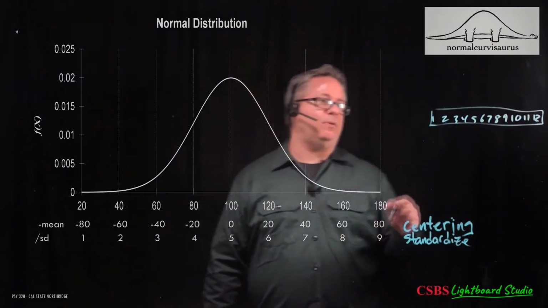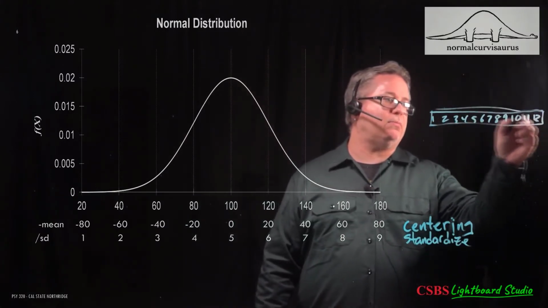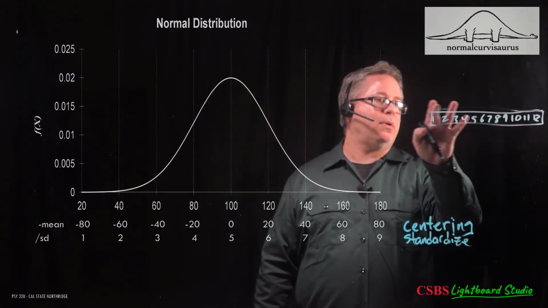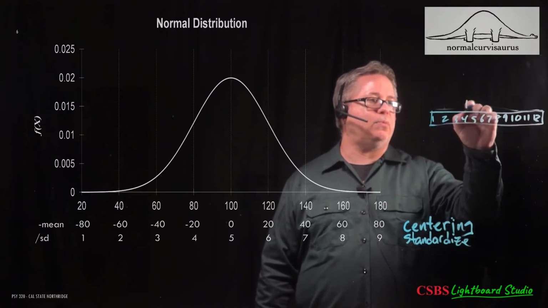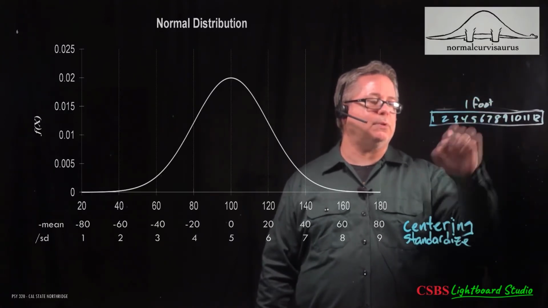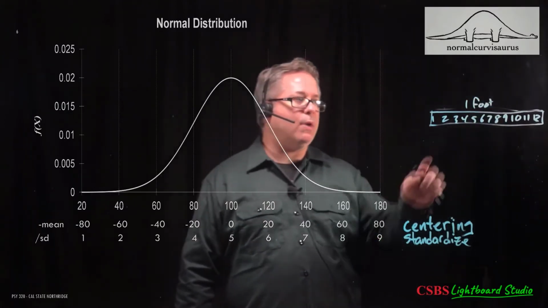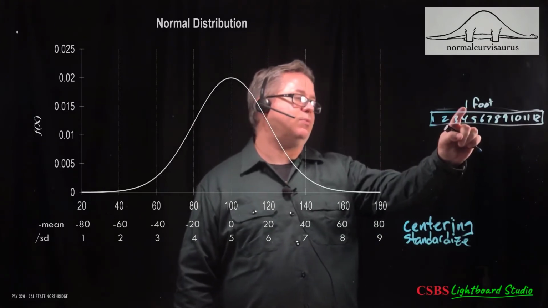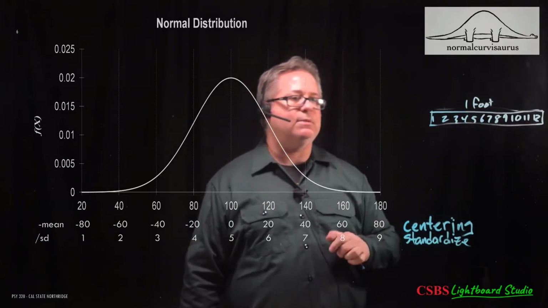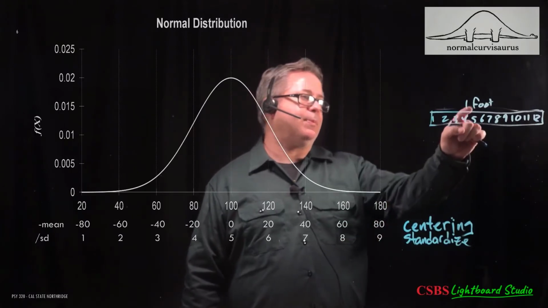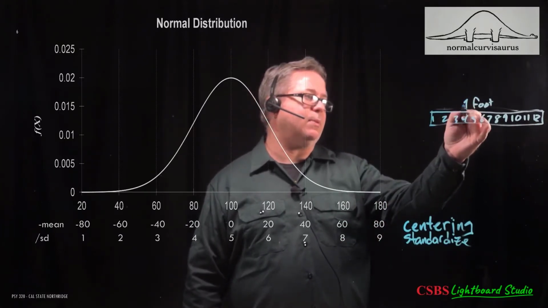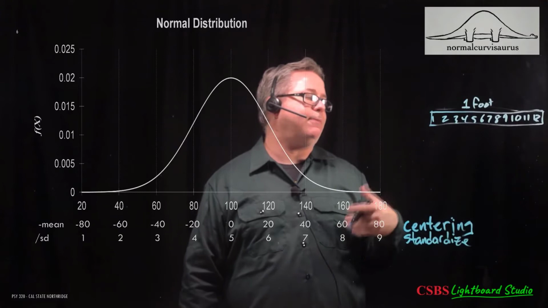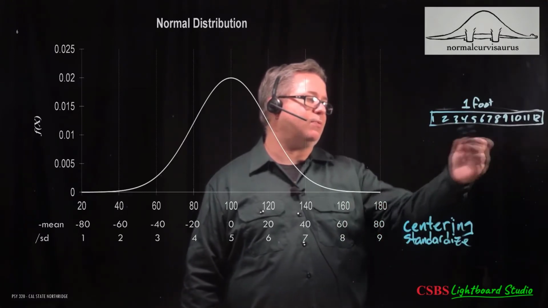And somebody else comes along and says, that's great, but this is really just 1 foot. So 1 foot is just a rebranding of what 12 inches is. I've turned it into a single unit. 1 foot is the same thing as 12 inches.